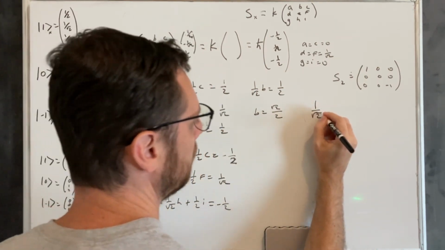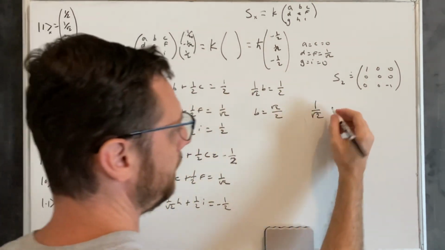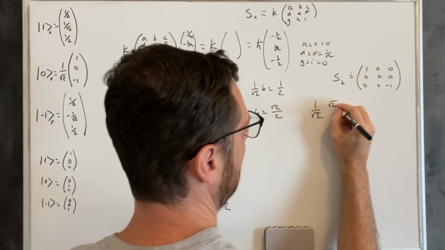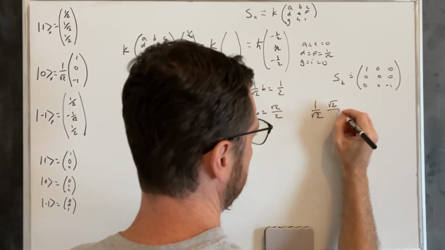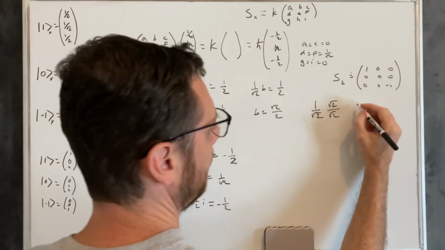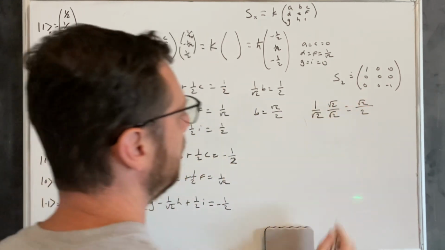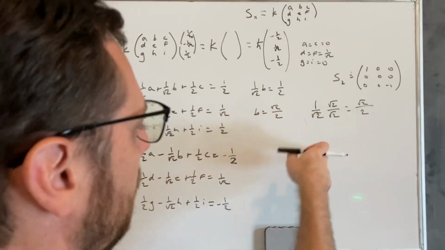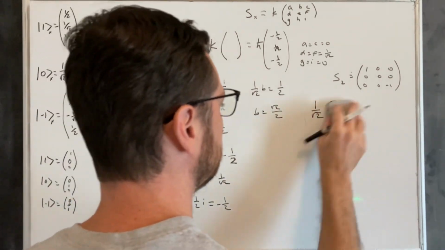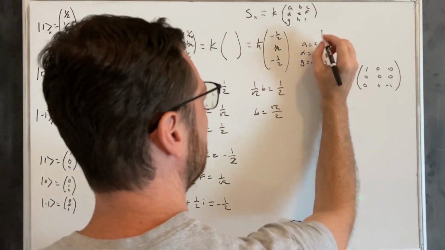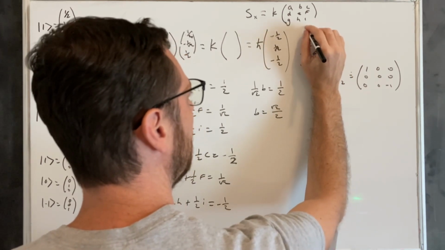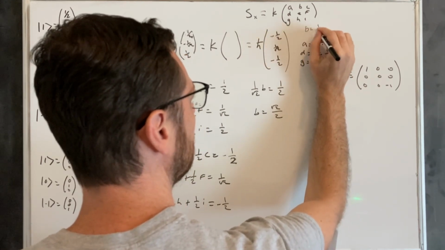If we rationalize the denominator by multiplying both the numerator and denominator by root 2, this becomes root 2 over 2. So root 2 over 2 and 1 over root 2 are the same thing. So I'll say that B is equal to 1 over root 2.